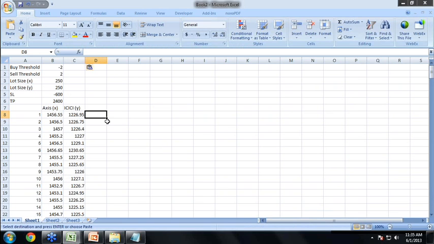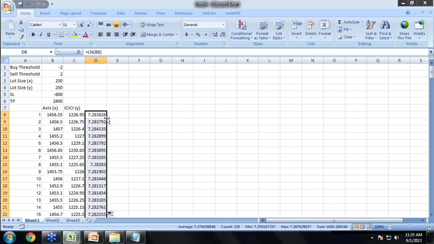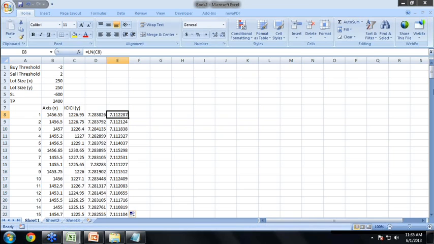All right, so as you all would know, stock prices follow a log normal distribution, and similarly your returns follow a normal distribution.